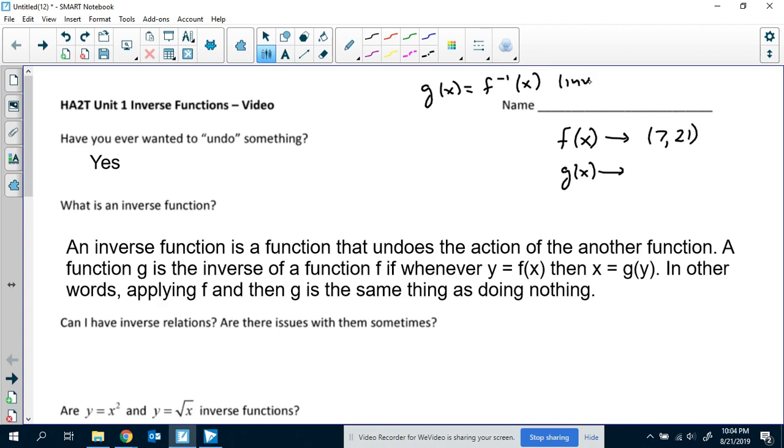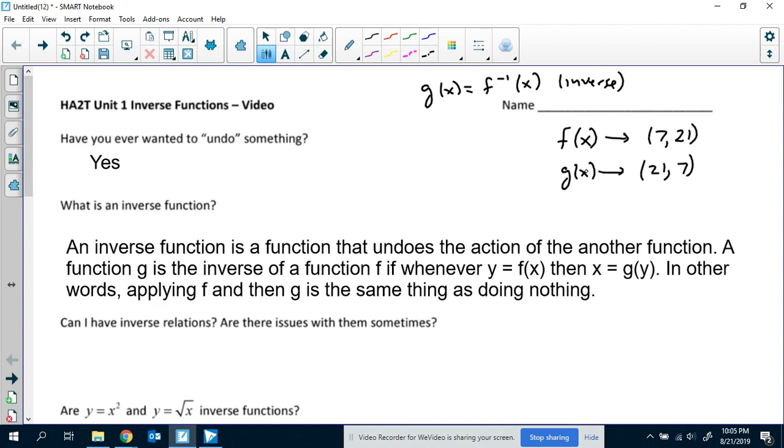So that means inverse function. If g of x is the inverse function of f, whatever the y value was on f, it has to map it back to whatever the x value was on f.